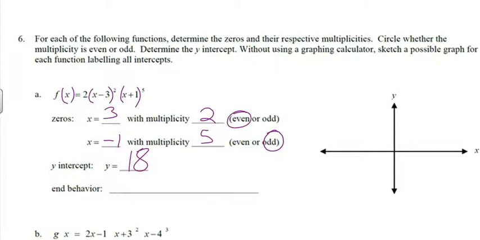Degree, even or odd? The whole thing. Odd. Positive or negative leading coefficient? Positive. So where does it start? Somewhere on the left, quadrant 3. Where does it go? Quadrant 1. Okay, quadrant 3 to quadrant 1.